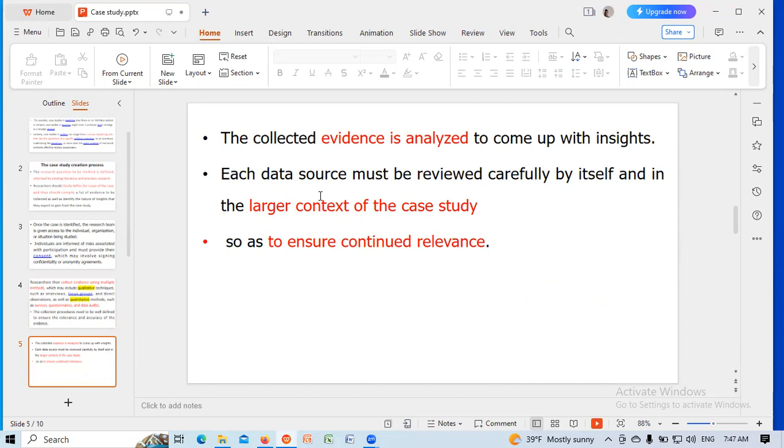The collected evidence is analyzed to come up with insights. Each data source must be reviewed carefully within the larger context of the case study so as to ensure continued relevance.